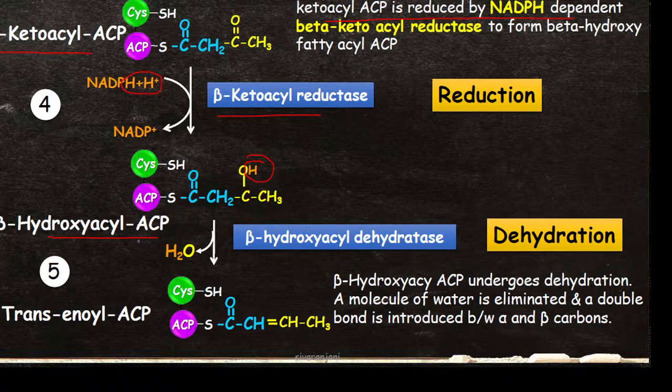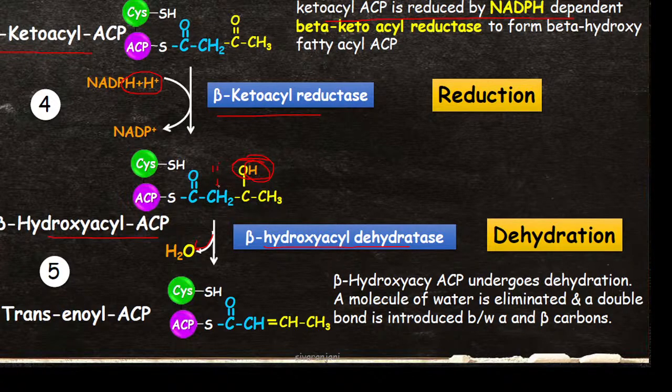Further, this beta hydroxy acyl ACP undergoes dehydration. It will lose a molecule of water by the action of beta hydroxy acyl dehydratase. This is an elimination reaction: it will lose a molecule of water from the beta hydroxy, that is the OH group, and the hydrogen from the neighboring carbon atom.